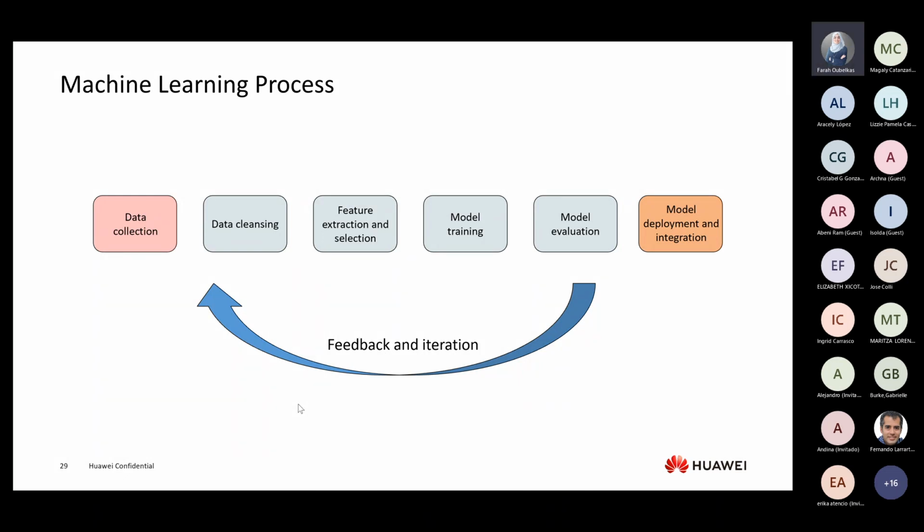Then we deploy or integrate the model. We can convert it to a TF Lite model and use it on our mobile phone, or deploy the model on the cloud, edge cloud, public cloud, private cloud, etc. So these are the steps of the machine learning process.